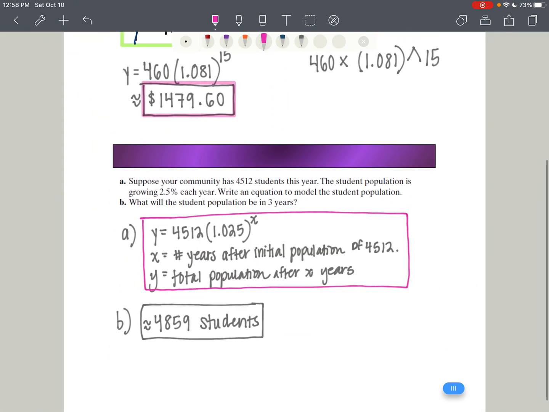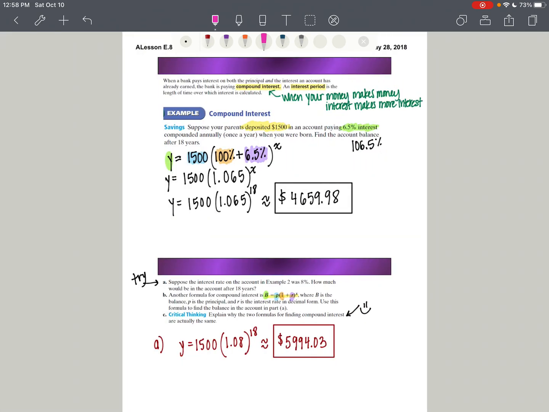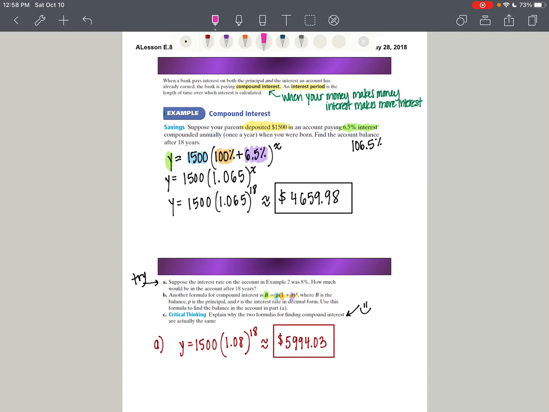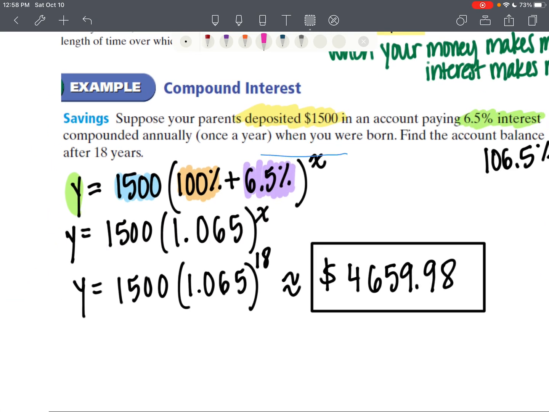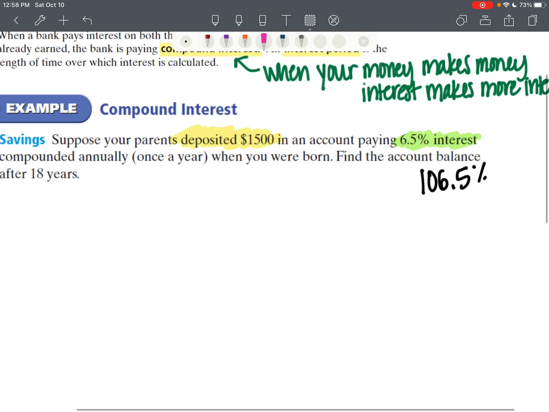Okay, compound interest is next on the list. Compound interest. So here we go. I'm going to talk about this one right here. I've got some pretty color going on right here. So I'm going to rewrite it though. So I'm going to make sure I use that pretty color again. Let me just erase that.